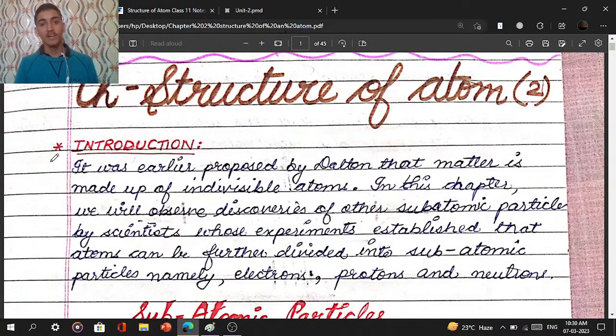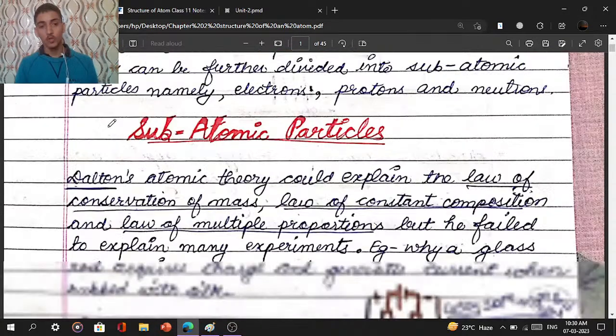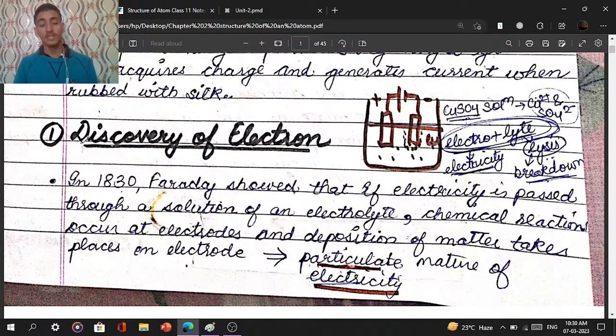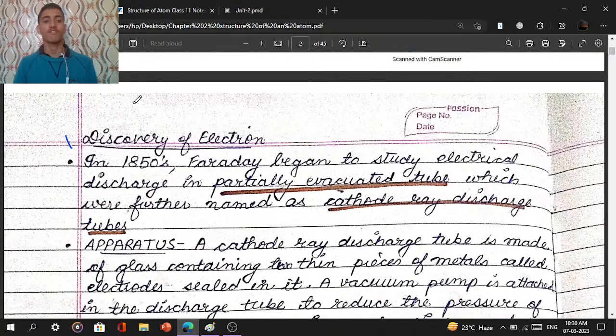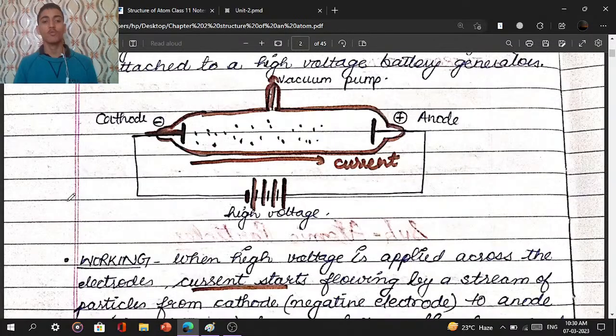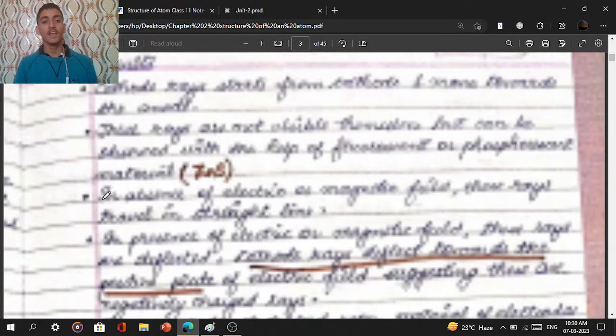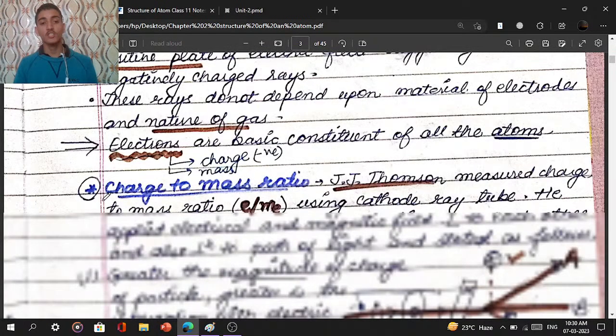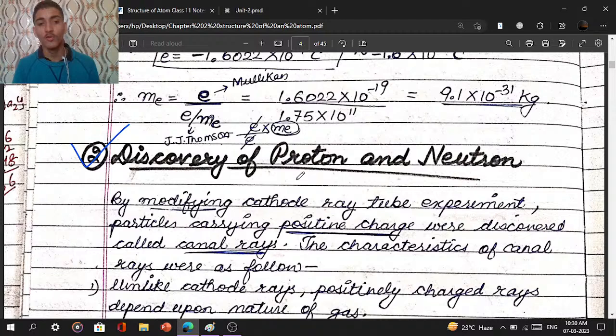We had done Dalton's atomic theory, then the discovery of subatomic particles, that is, the discovery of electrons. This experiment I have taken up. Then we also took up the discovery of protons and neutrons.